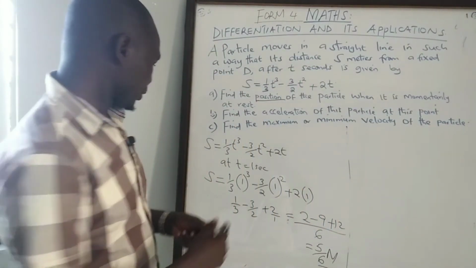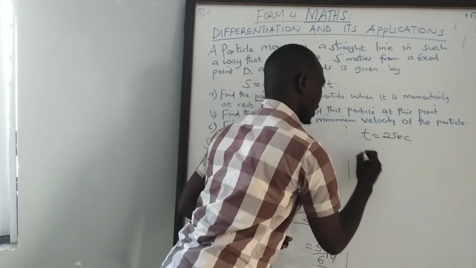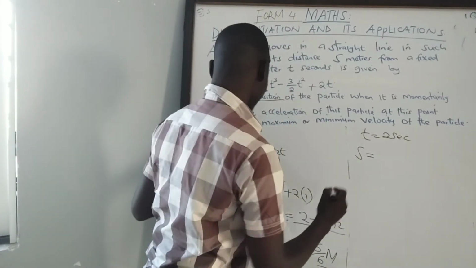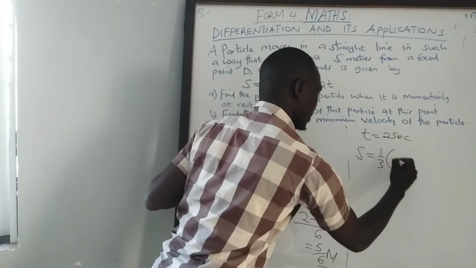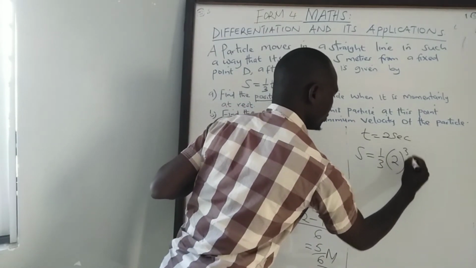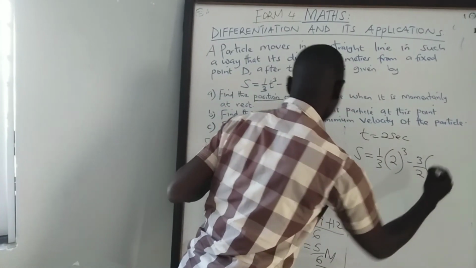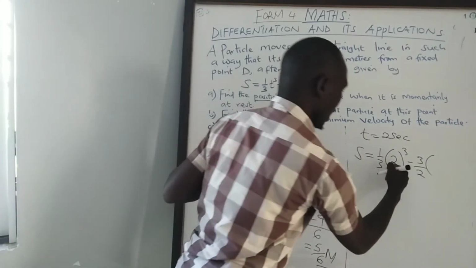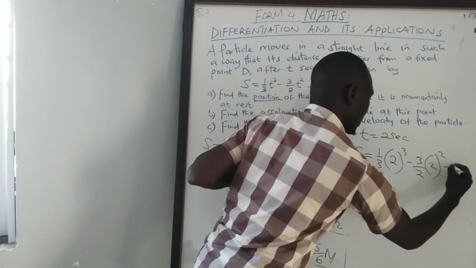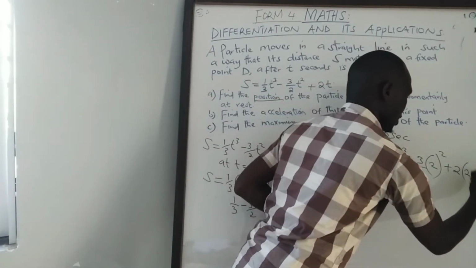From here we know when time is exactly 2 seconds, the position of this particle is going to be equal to, we have a third times t, and our t is going to be 2, but the 2 is cubed, minus we have 3 over 2 into t, and our t is actually 2, but the 2 is squared, plus we have 2 into the value of t, and the value of t is 2.